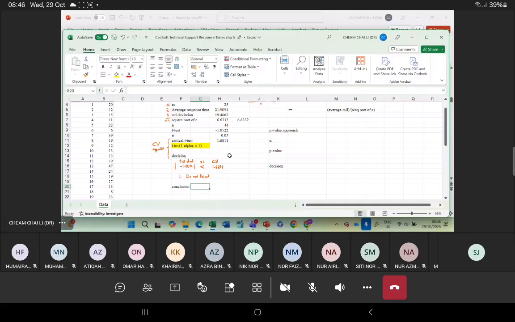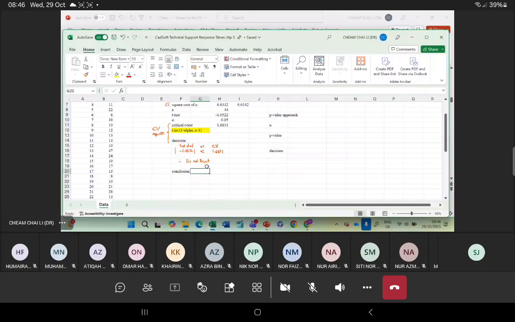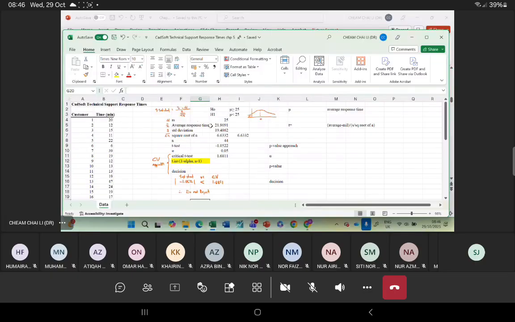Therefore, it can be concluded that the average response time is at least 25 minutes. So, maksudnya kita tak ada bukti yang cukup untuk nak support alternative hypothesis, maka kita kena buat conclusion based on the null hypothesis, right?